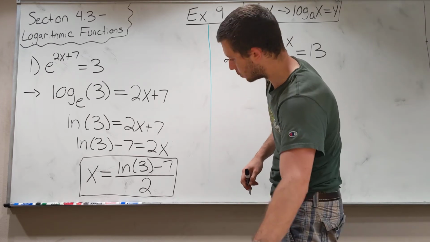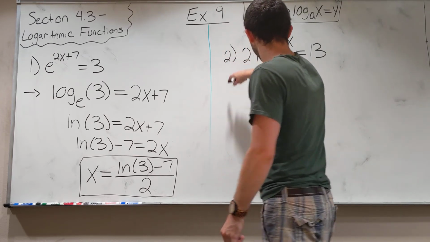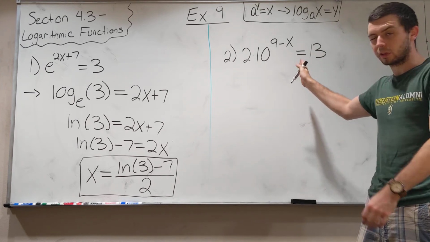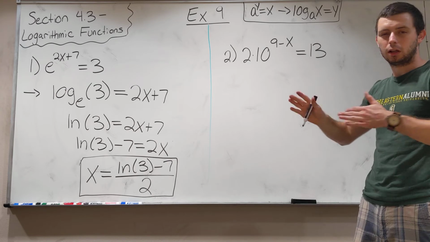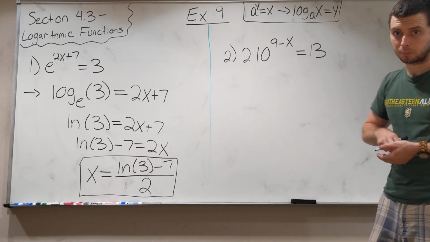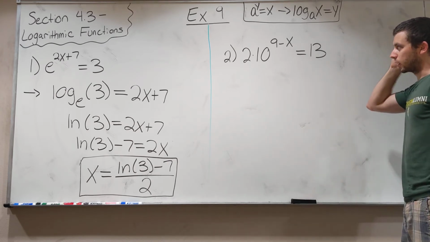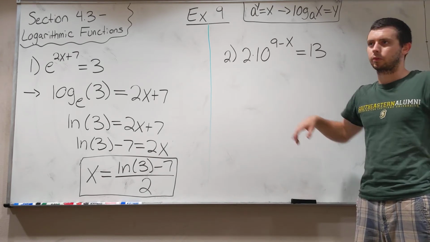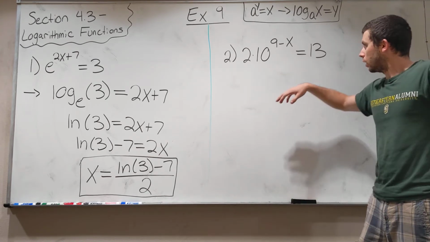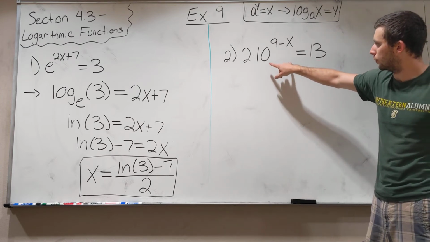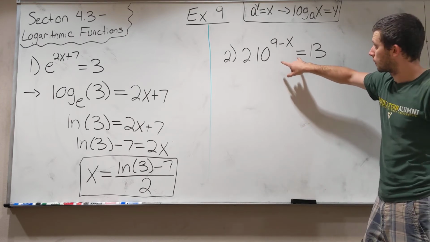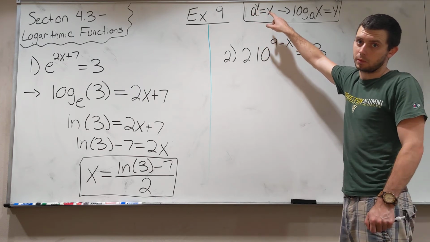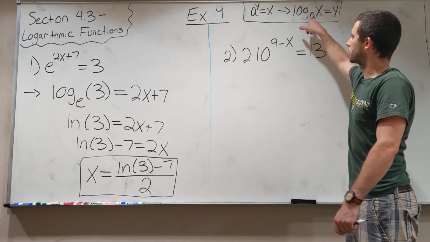We'll move on to problem 2 here. This one's probably the most intricate of the exponent-to-logarithm problems, because they throw in this additional 2 times. So this form as it stands does not conform to the initial form for which we can translate.